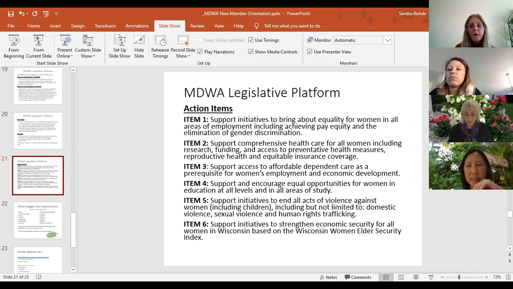Irene, if I can jump in quick, there's right now too, with all this COVID stuff, there's been a couple articles already that I've read and seen that are talking about how women are disproportionately impacted by the environment we're in right now because of the virus, related to these things, right? The pay, they don't have the sick pay, they don't have the insurance, they don't have the dependent care coverage, so all of this all of a sudden just became very much more in focus.